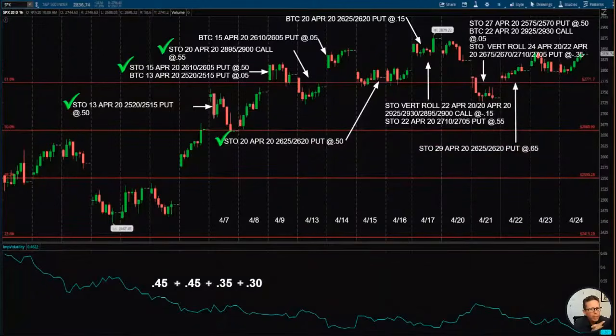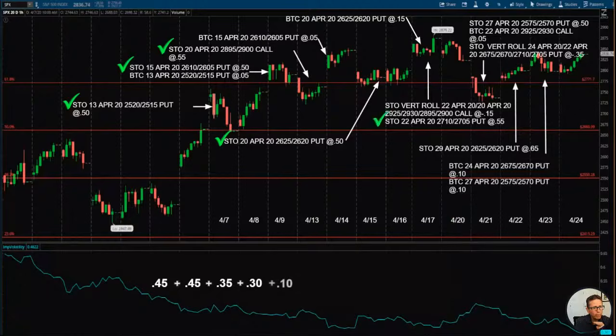Then I put on another put spread at 65 cents, and then closed 2 trades out, and that earned me 10 cents because I had rolled those positions. So even after I rolled it and did a debit, I still collected net 10 cents minus commissions.